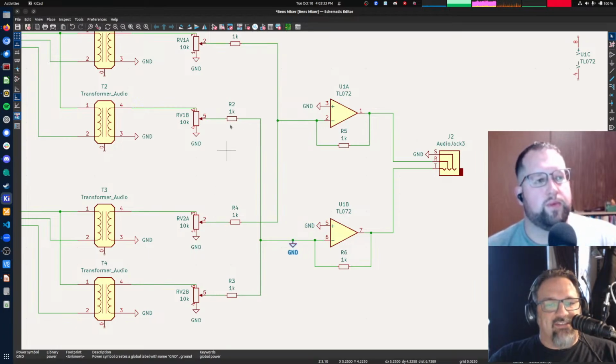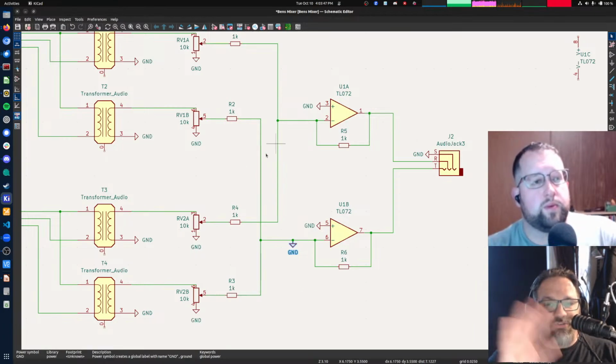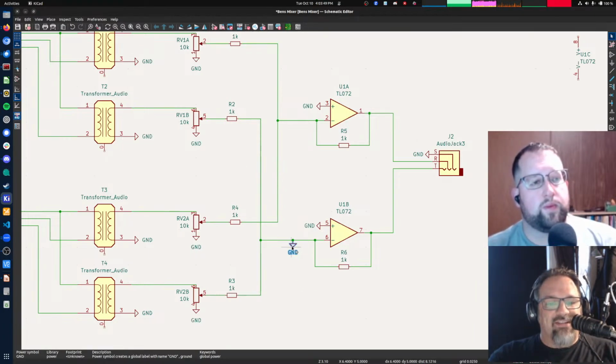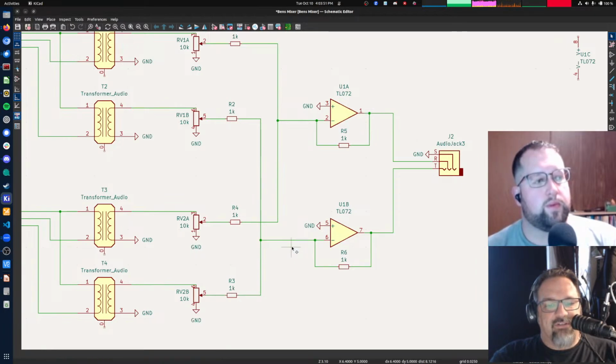And if that were the case, then it's more obvious to see how a signal going through a 1K to ground and another signal going through a 1K to ground are not going to feed back to each other. Right? If you view it like that, those are not going to feed back to each other. But instead of this being a literal ground, it is the logical ground that is being created by this op amp because it's trying to keep this node at the same voltage as that node. Does that make sense at all?